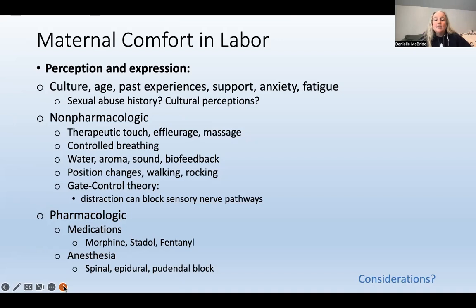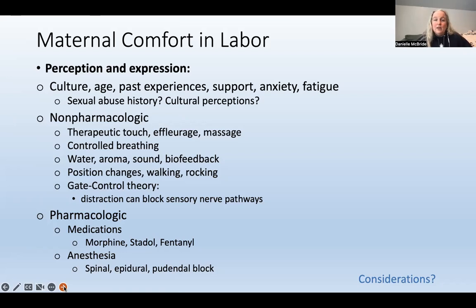Okay, a lot of this has to do with things like therapeutic touch, massage, water therapy, hot and cold, position changes, and a lot of it is controlled breathing, helping them focus. In labor, if I can get a mom to really focus on the way she's breathing, her mind is paying attention to the breathing. It's not paying as much attention to the pain she's dealing with.